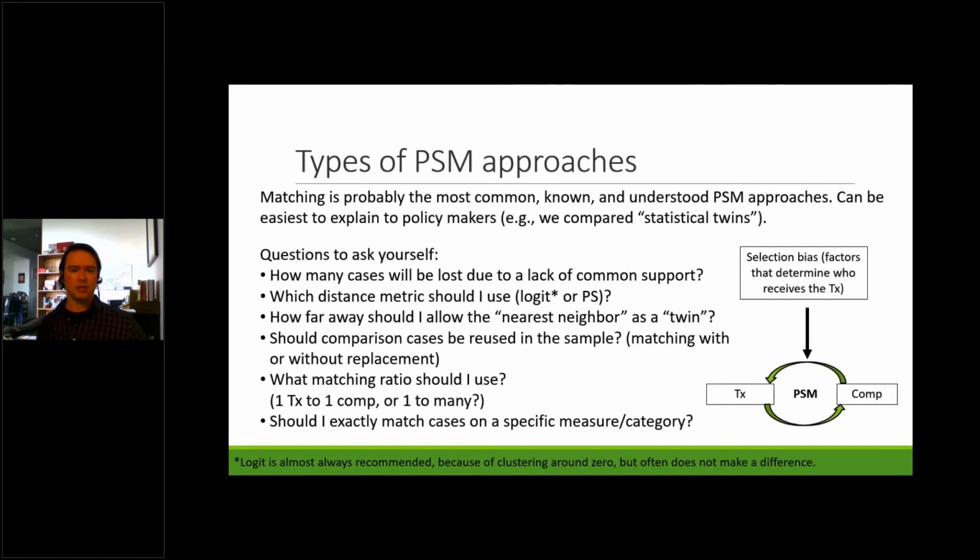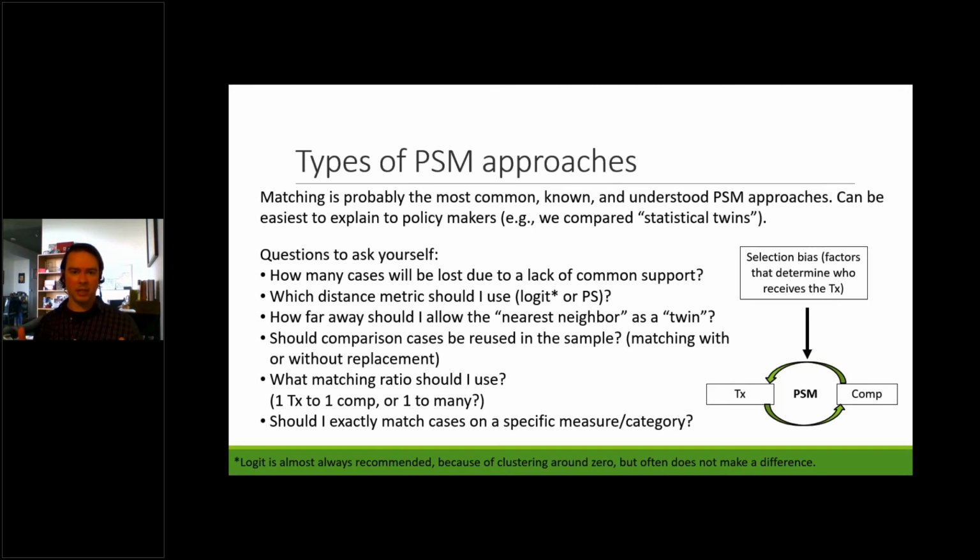Matching is probably the most common, the most well-known, and the most understood propensity score modeling approach. It can be easiest to explain to policymakers in particular. And I want to comment on how much I've learned working, especially with the Oregon crew, where we talk to a lot of policymakers and legislators, as comparing statistical twins.